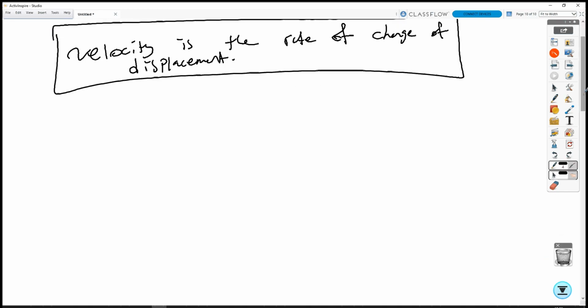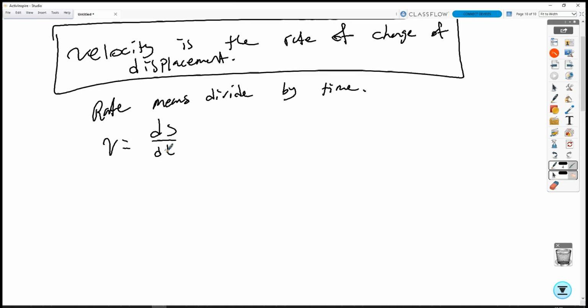Now, rate always means per unit time. Per means to divide. So rate means divide by time. So we go back to V equals to ds dt.